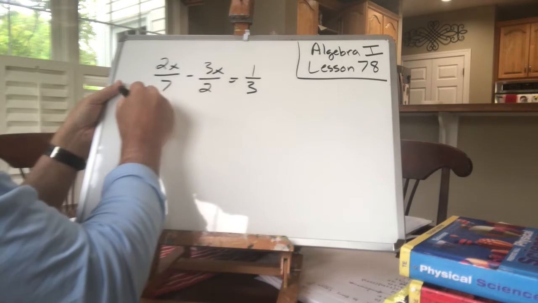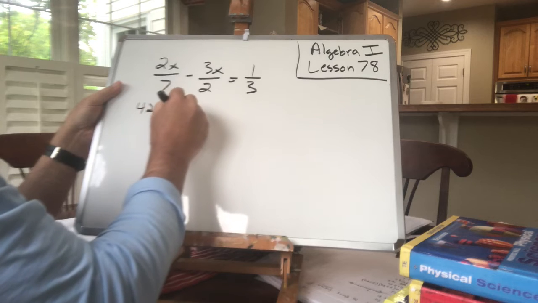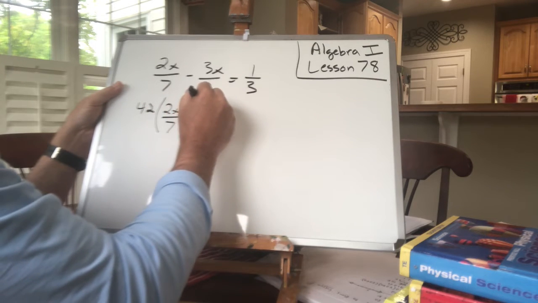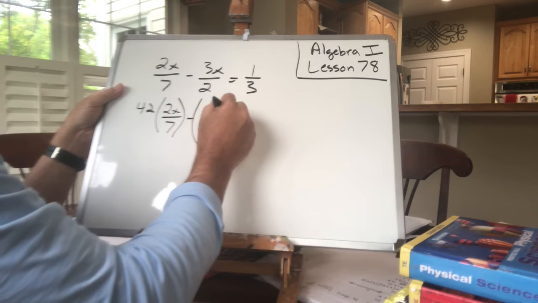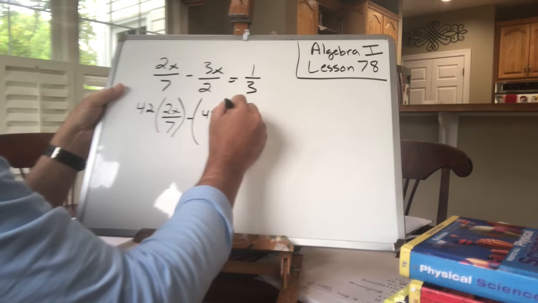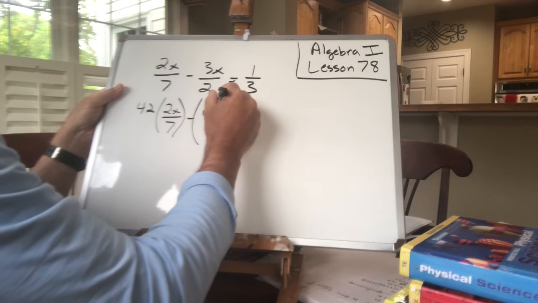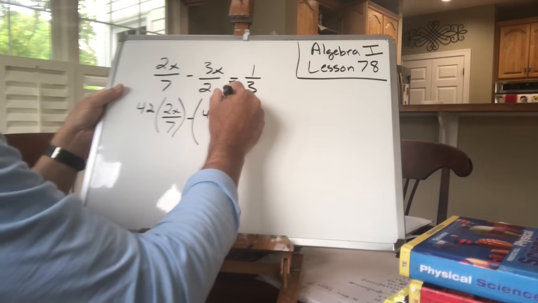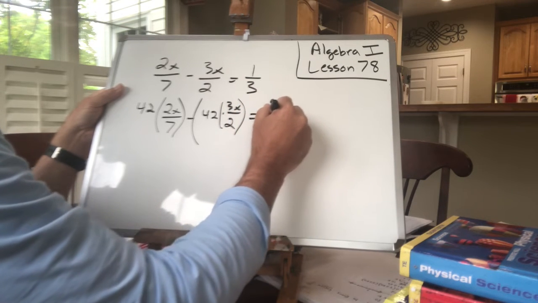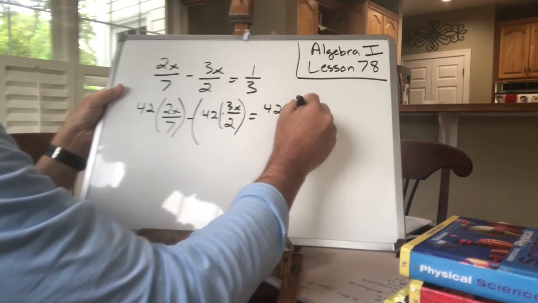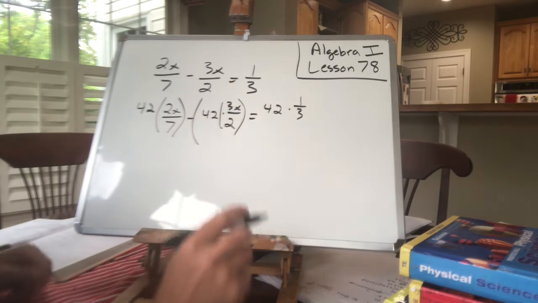So I'm going to go 42 times 2x over 7 minus 42 times 3x over 2, and then equals 42 times 1/3, right? Remember, it's like saying there's a 1 under each one of these 42s, so it is a fraction.